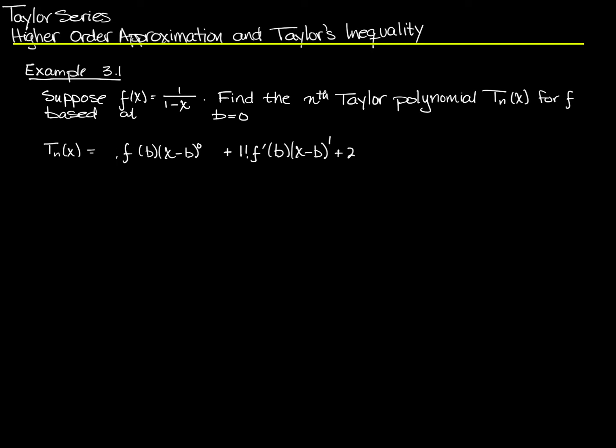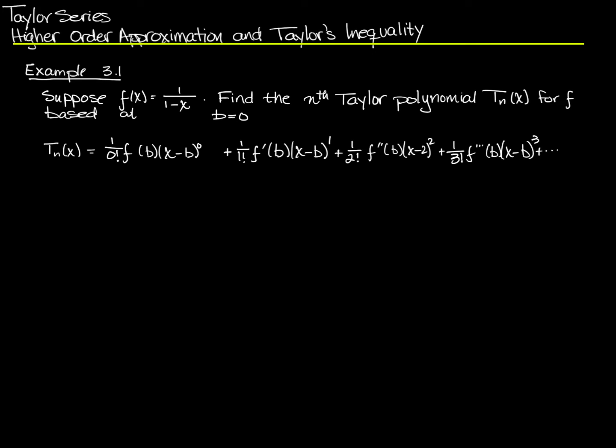Boy, you get going here. The next one will be 1 over 2 factorial, which is just 1 over 2, since 2 factorial is 2 times 1, times f double prime of b times x minus b squared. I'll do one more: 1 over 3 factorial times the third derivative of f at b times x minus b to the power of 3.